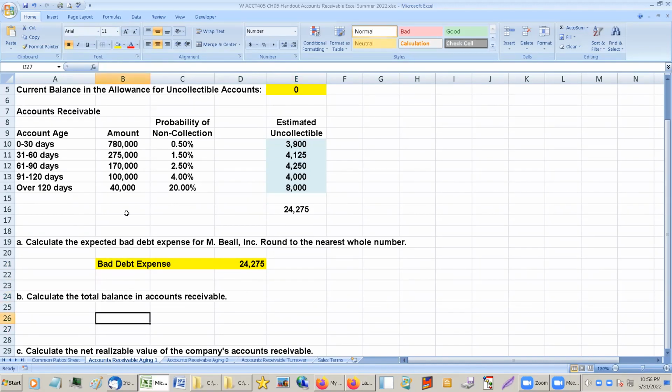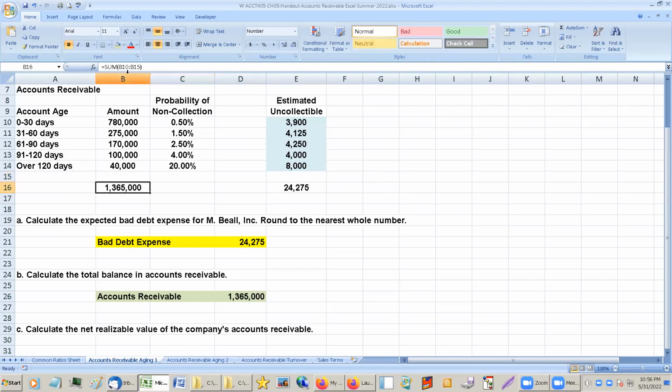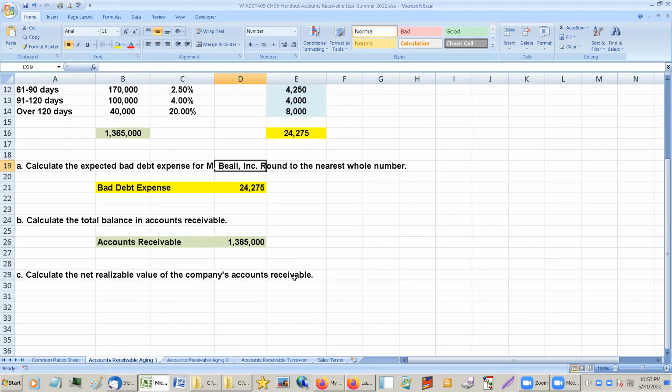Total balance on accounts receivable. Here's our accounts receivable. Total balance is... Okay.